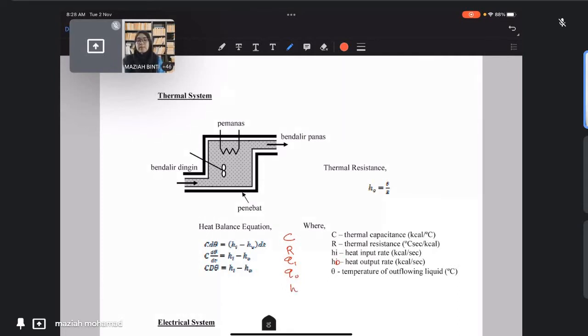So the equation is similar. The first one is similar to the first equation: H naught equal to theta over R. I think the diagram is not very clear.